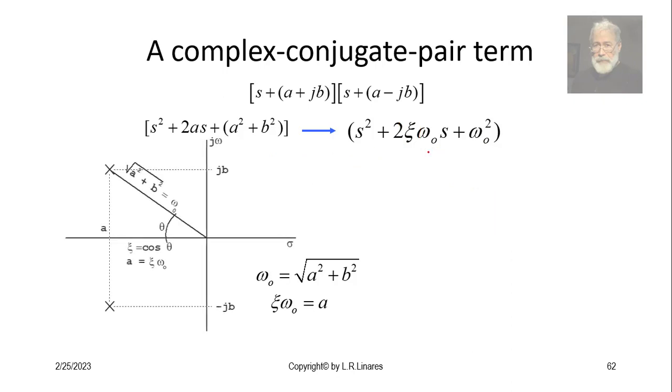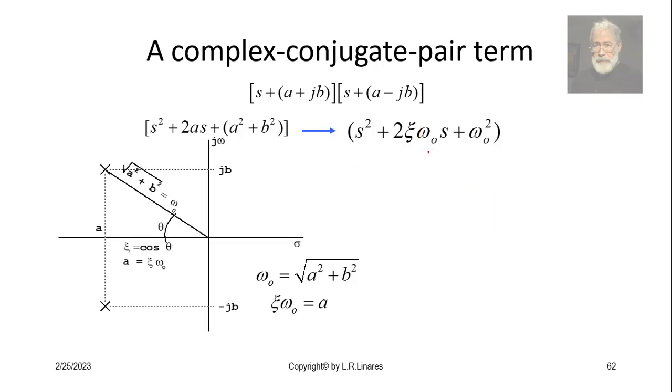Graphically on the complex plane, we see those two poles at a plus jb and a minus jb. a, of course, is a negative number. Omega naught, we've said, is the Pythagoras computation: the square root of a squared plus b squared. It is that distance. It is the absolute value of the pole, if you have to know.